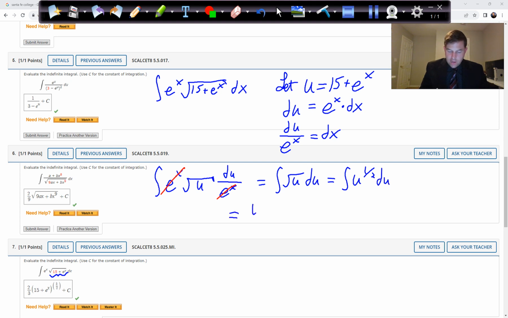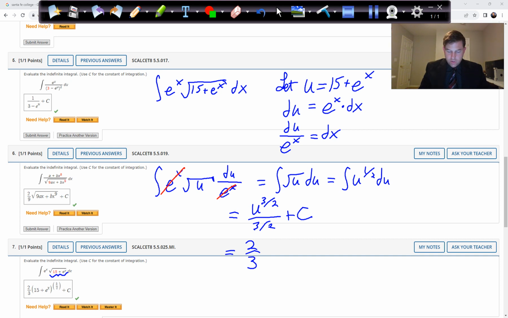Integral of u to the 1/2 would be u to the 3/2 over 3/2 plus c. Last step, actually make this 3/2 in the denominator as 2/3 in the numerator.